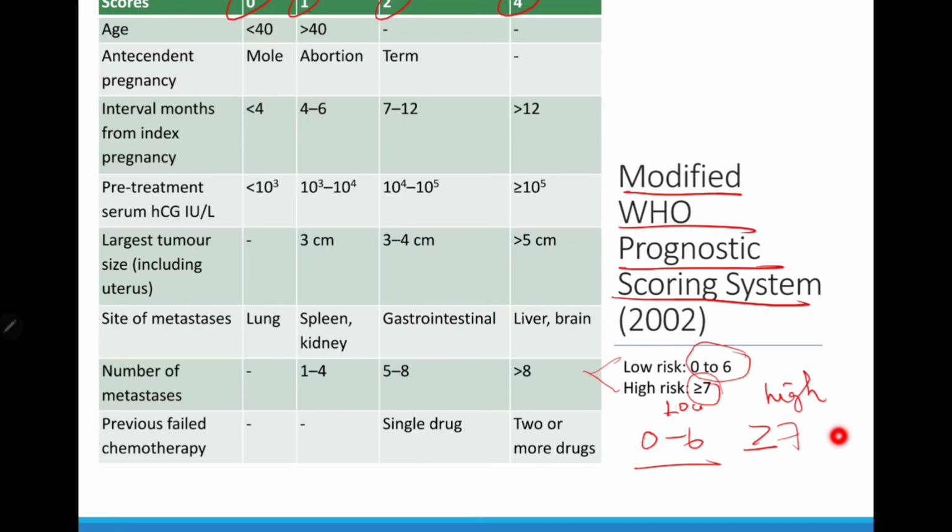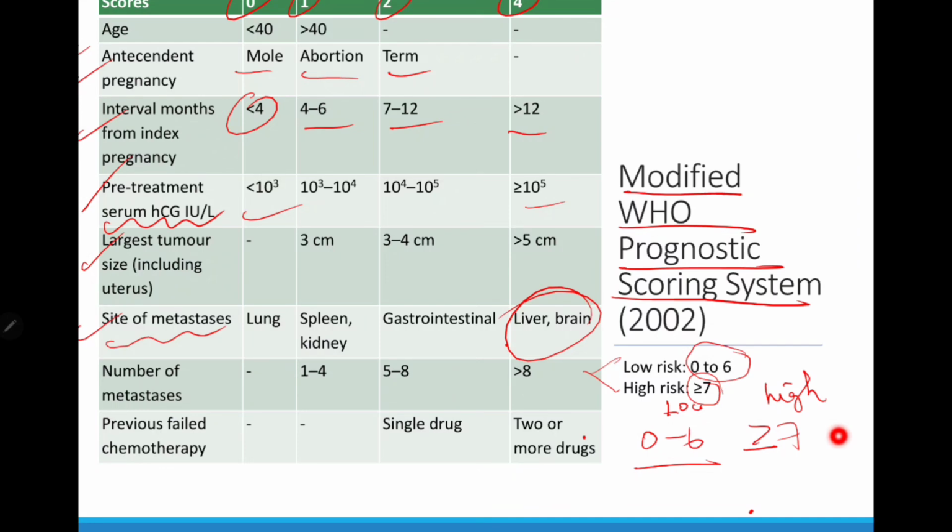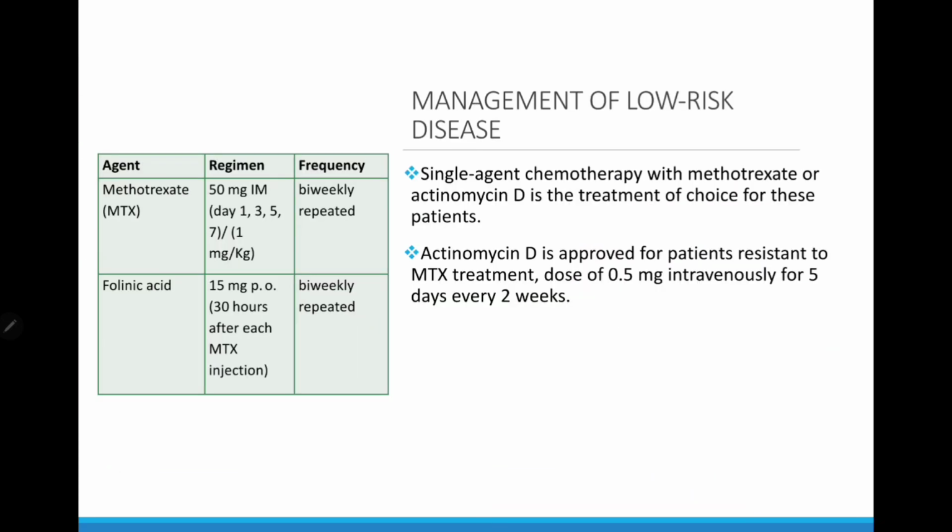So age, antecedent pregnancy, whether mole, abortion or term, interval months, whether it's less than 4, 4 to 6, 7 to 12, more than 12, pre-treatment serum HCG levels, the largest tumor size, and site of metastasis, especially liver, brain, where the prognosis is very poor, and number of metastasis. Based on all this, we are going to classify into low risk or high risk, and we are going to treat each risk category particularly.